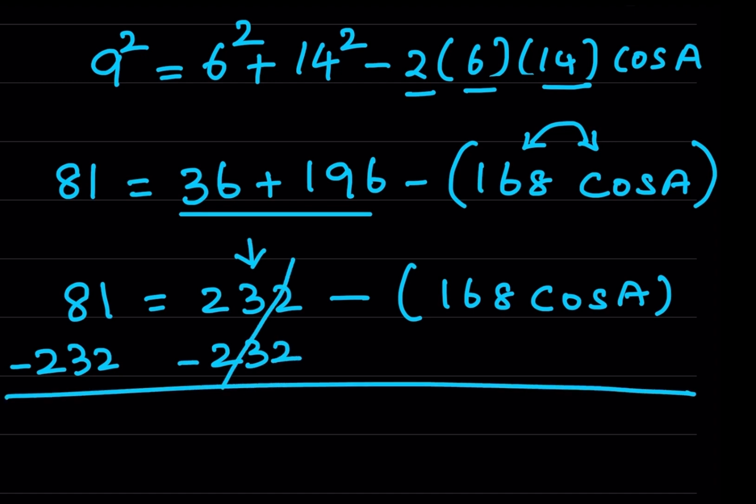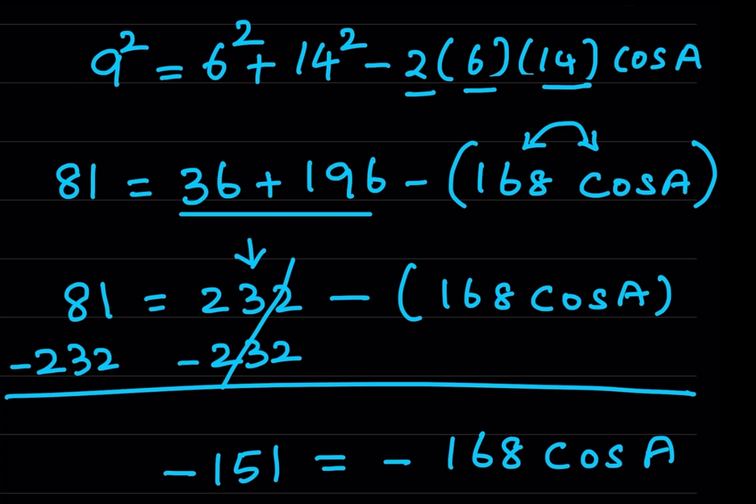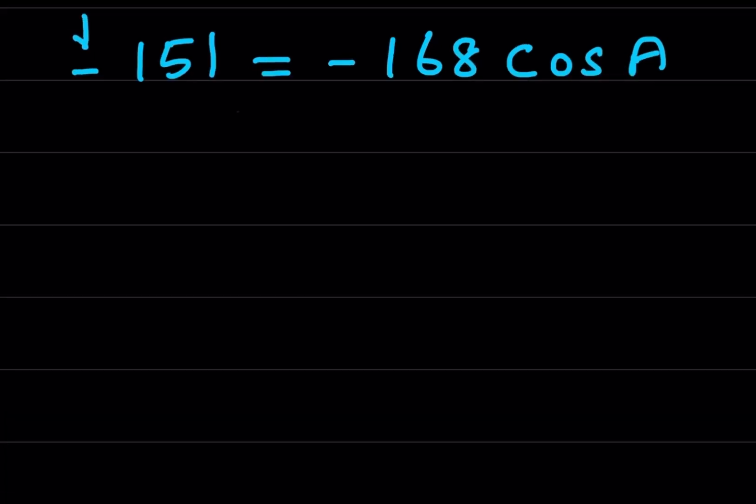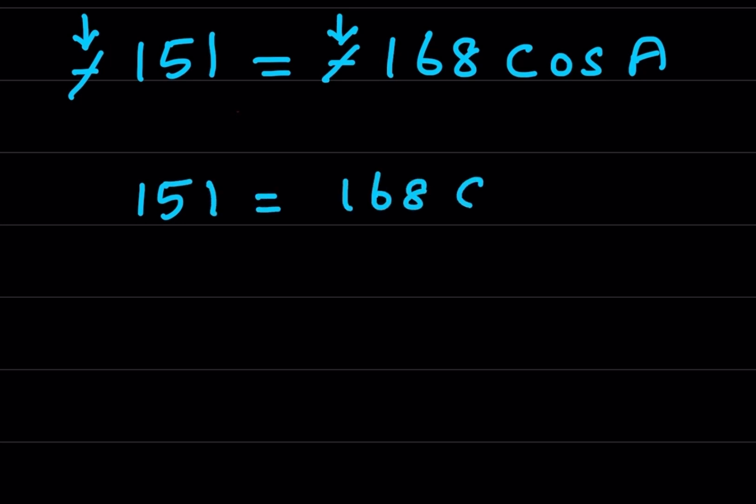And this cancels out. 81 minus 232 is minus 151, which is equal to minus 168 cos A. There is a negative sign on both sides of the equation. So when you multiply by negative 1, these two get cancelled out. So 151 is equal to 168 cos A.